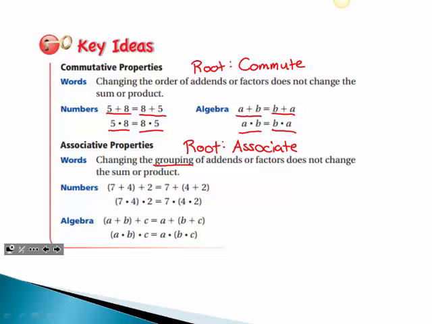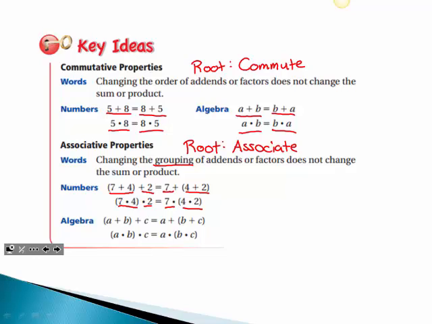So in this case, we have 7 plus 4 plus 2, and here we have 7 plus 4 plus 2. You just switch the parentheses. You remember that? So you can just switch the parentheses without changing the order of your numbers. Same thing with multiplication, 7 times 4 times 2, or 7 times 4 times 2. Same thing, but the parentheses are different.